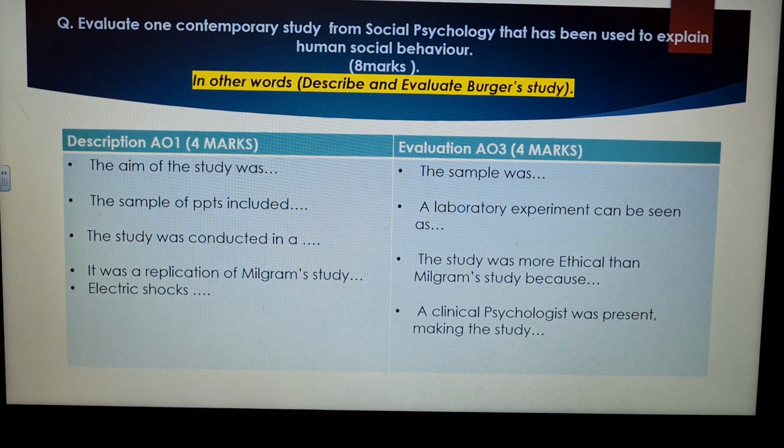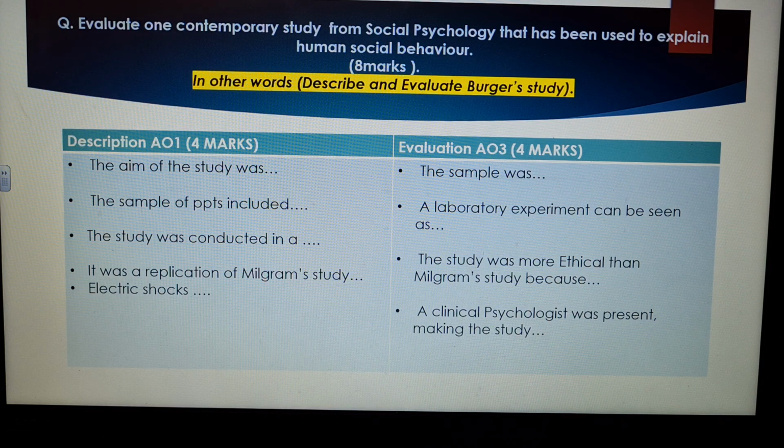Thirdly, the study was conducted in a laboratory experiment, okay, using an independent measures design. So this is important to include because, you know, your examiner wants to see whether you know where the study was conducted as well. And obviously going on to the fact that it was a replication of Milgram's study.